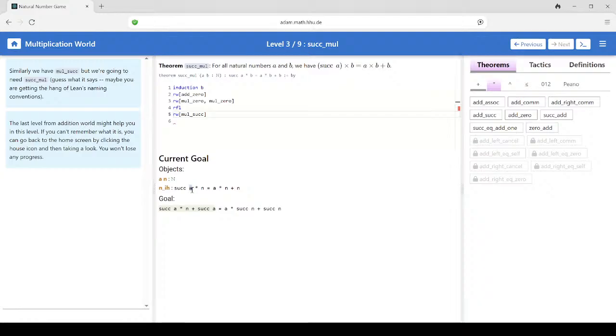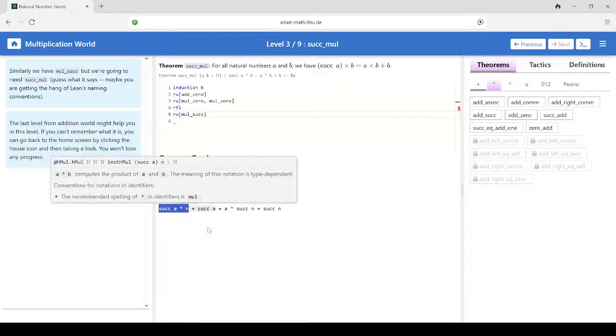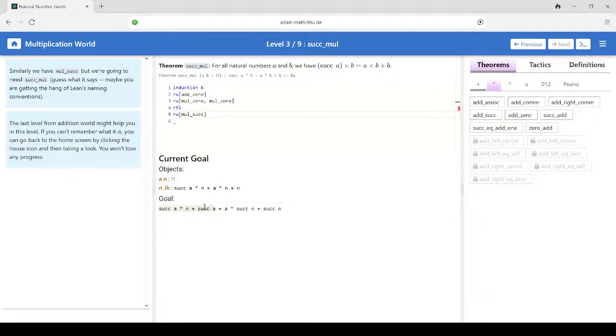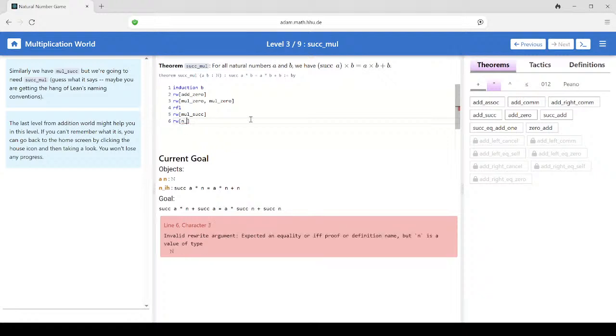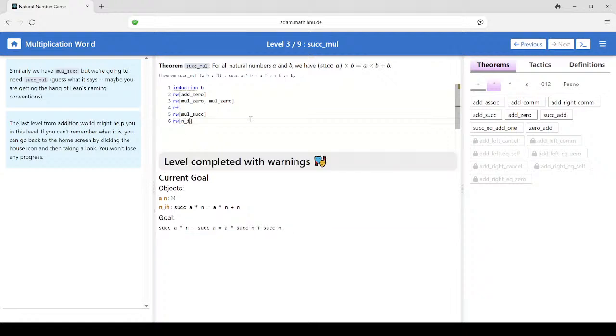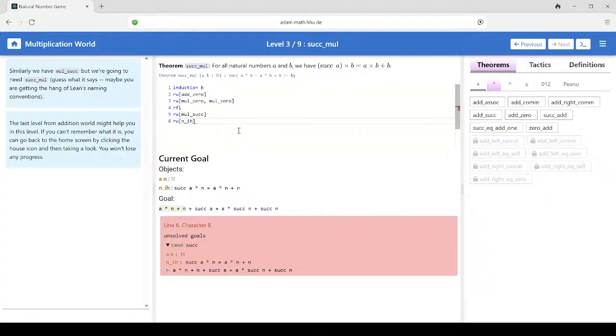The successor of A times N, which we're very close to having here. Wait, maybe I can use it anyway. Maybe the fact that this is here doesn't matter. Wait, let me just do that. Let me rewrite using our handy-dandy induction hypothesis. And there we go. Yeah, it worked for here.